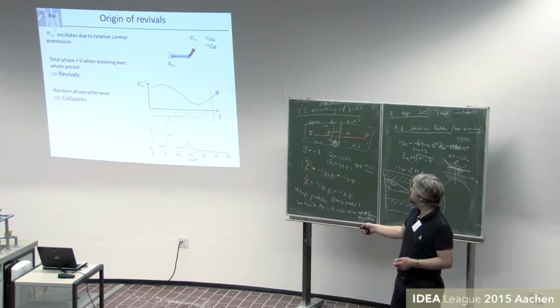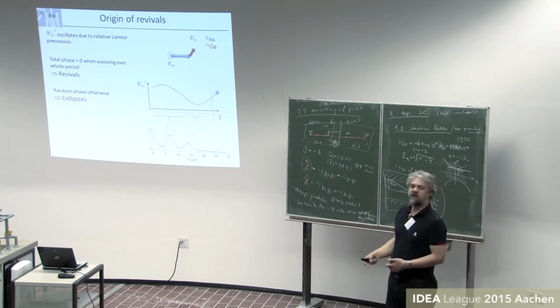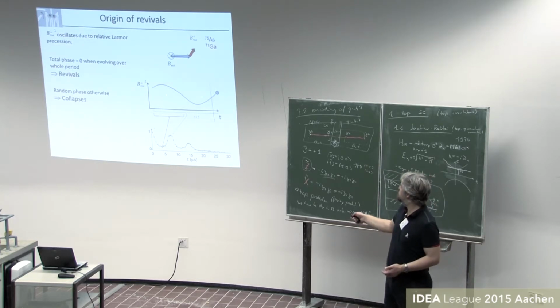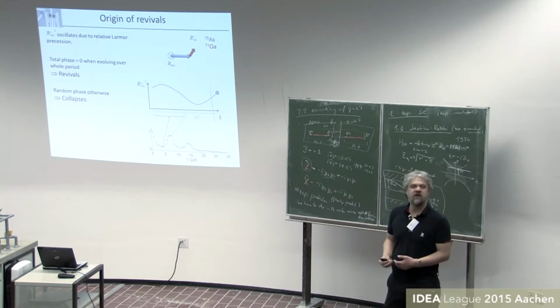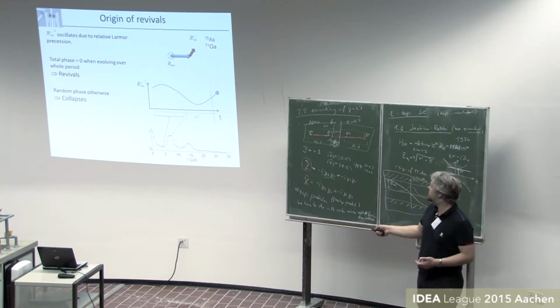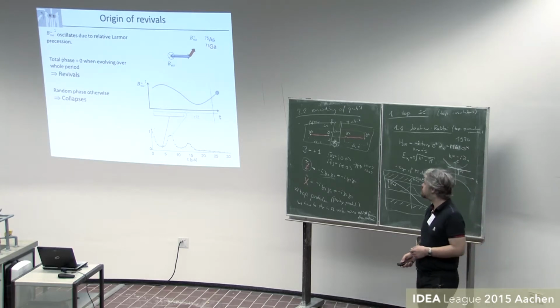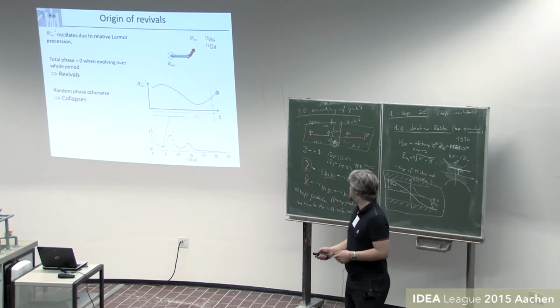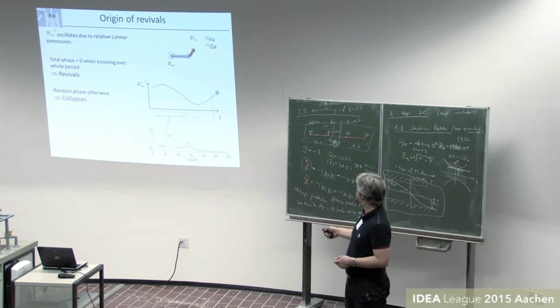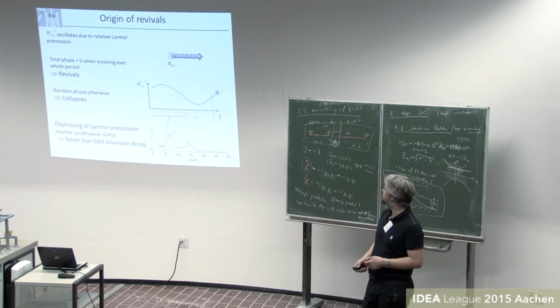But if you have a different period, for example, or different accumulation time, for example, half a period, then depending on whether you take this one or this one, you have a different phase that averages out and you have no or little coherence left that leads to the collapses. So we understand where these collapses and revivals come from.